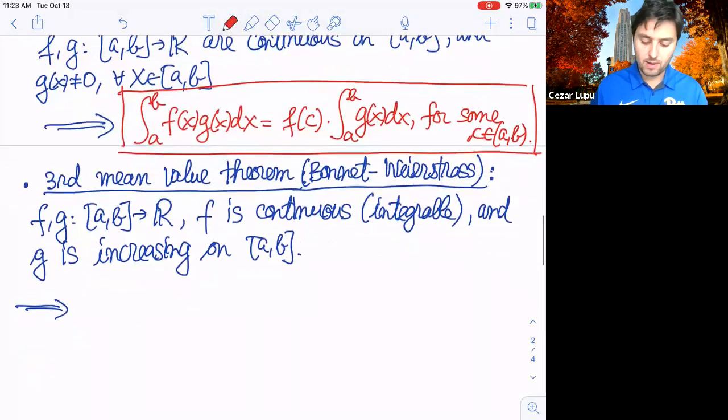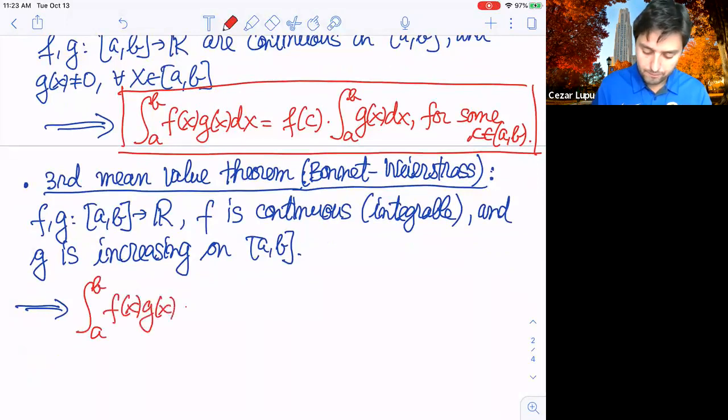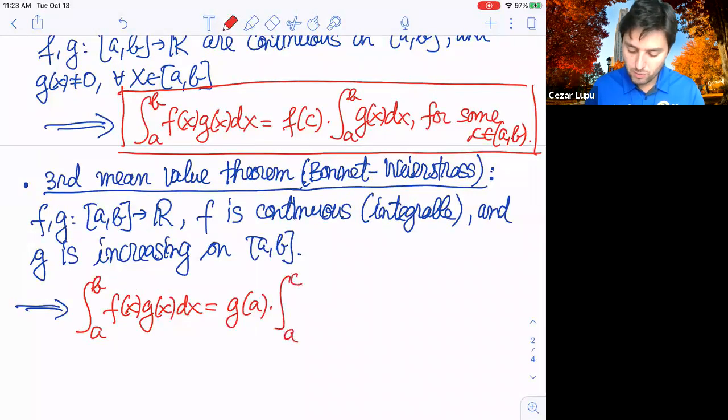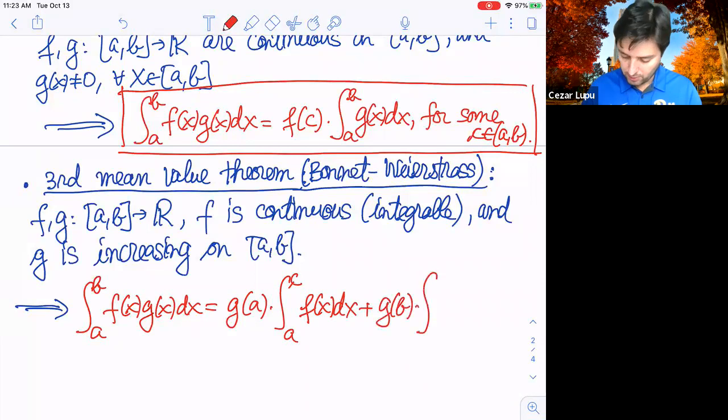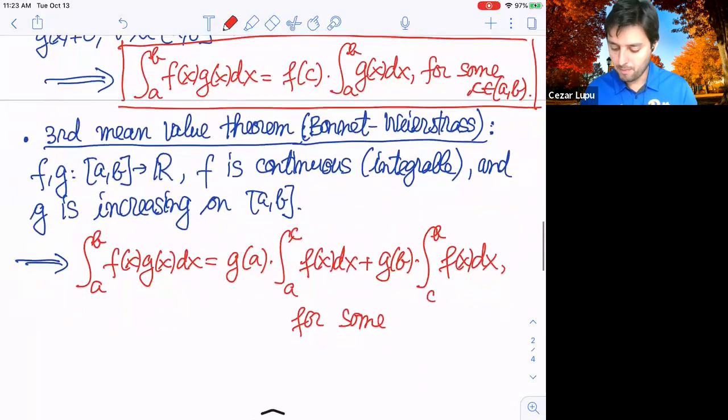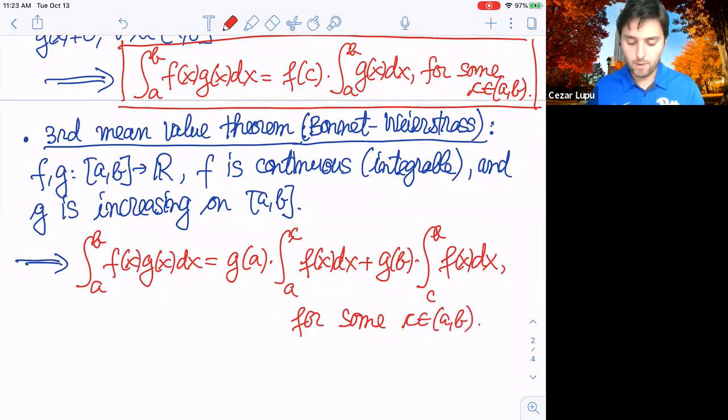The integral of the product is nothing else than g evaluated at a times the integral from a to some c of f of x, plus g evaluated at b times the integral from c to b of f of x dx, for some c in [a, b].